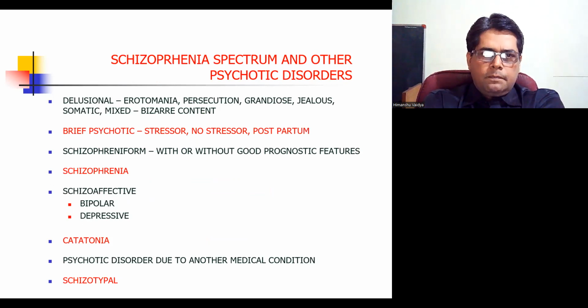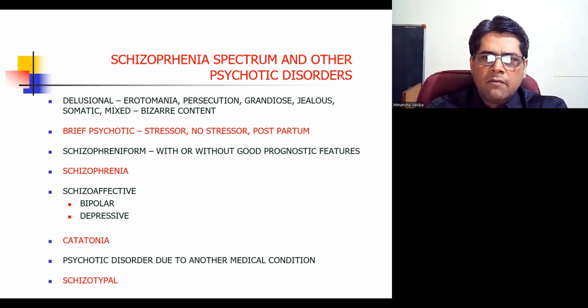Let us take up chapter 2 of DSM. Chapter 1 is neurocognitive, very bio-heavy. We start with chapter 2, schizophrenia spectrum and other psychotic disorders.